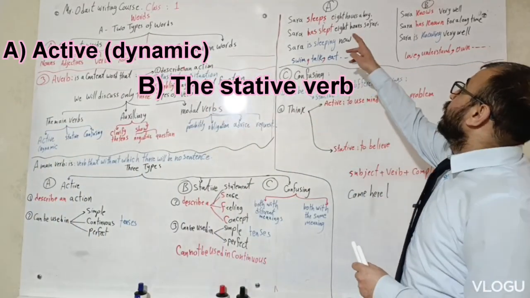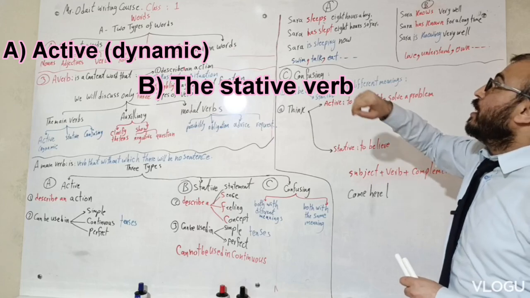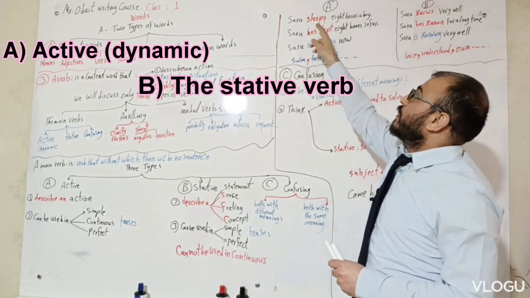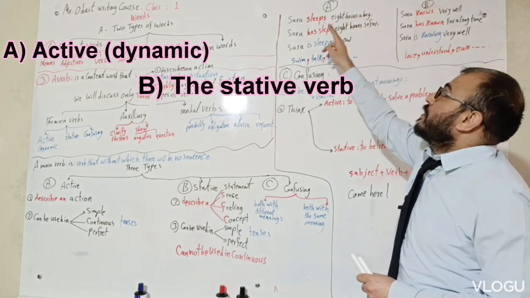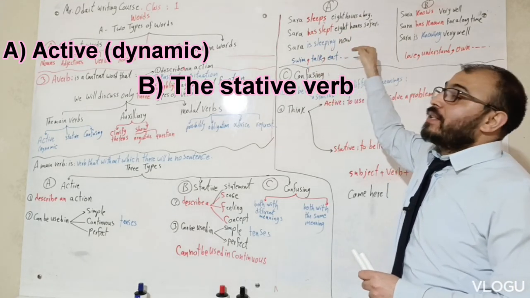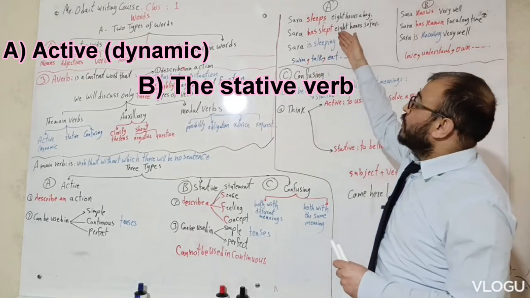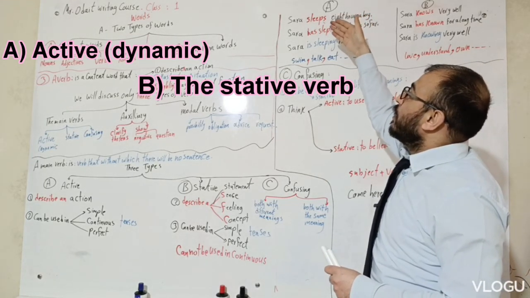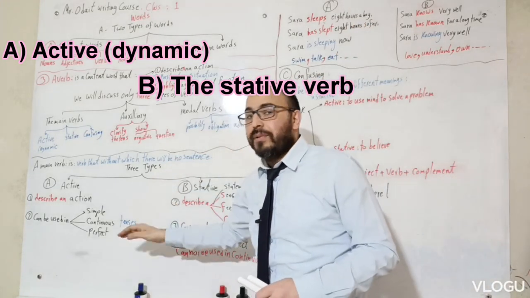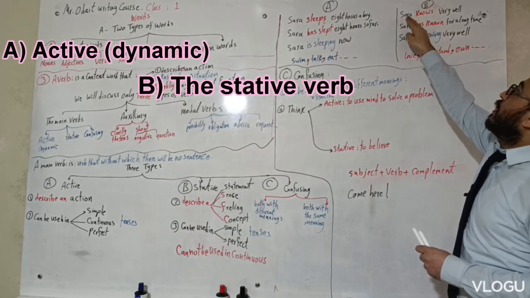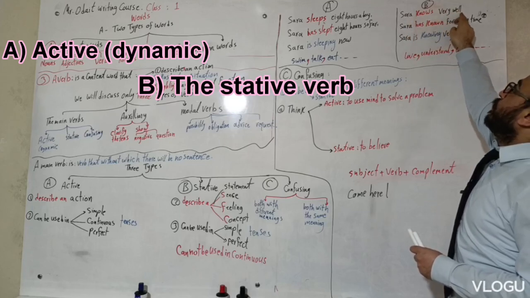I have here active verbs and here I have stative ones. We have the verb sleep, for example. We say, Sarah sleeps 8 hours a day. Sarah has slept. This is present simple, present perfect, and Sarah is sleeping now. As you can see, the verb sleep can be used in all tenses, simple, continuous, and perfect. While if we go to the other side, we can see that Sarah knows me very well.